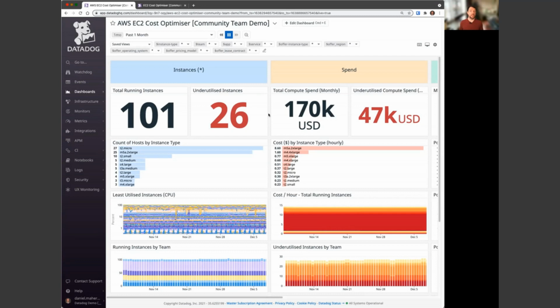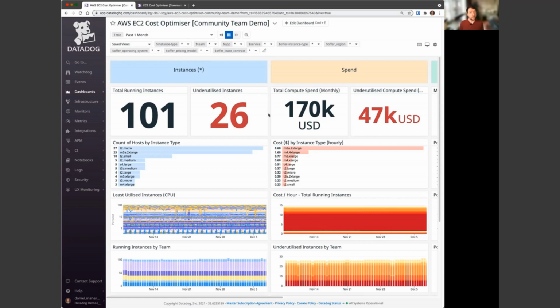But why it's useful to have these two big numbers is because they're bold and meaningful. This is the sort of thing you can bring to that initial conversation. If you come to someone who's not already an AWS expert, somebody who's not already a deep technologist like you, and you say, we're underutilizing 13% of our M5A 2xlarge instances in this particular region under this particular time frame, eyes are going to glaze over. It's not going to mean anything.